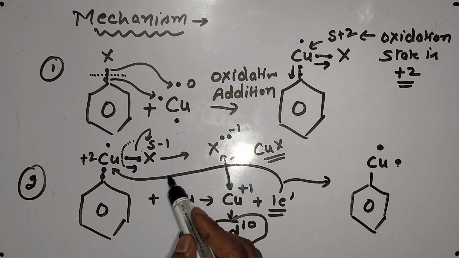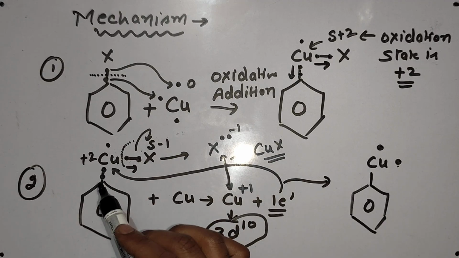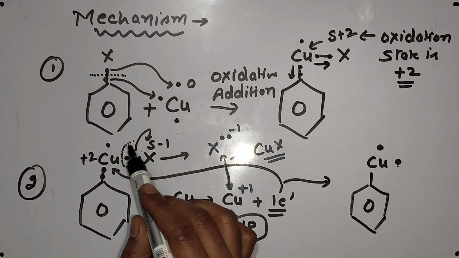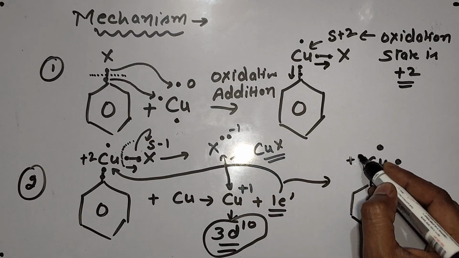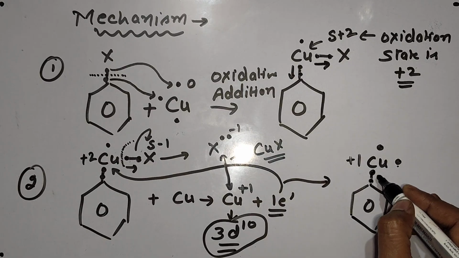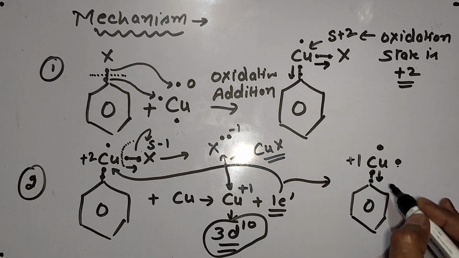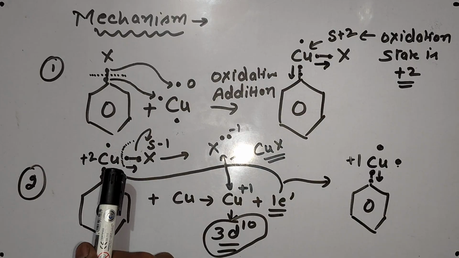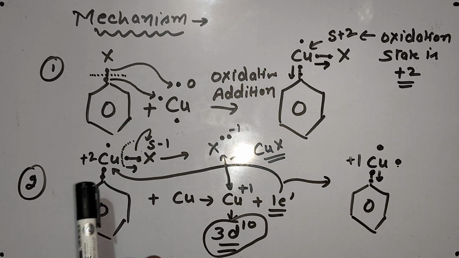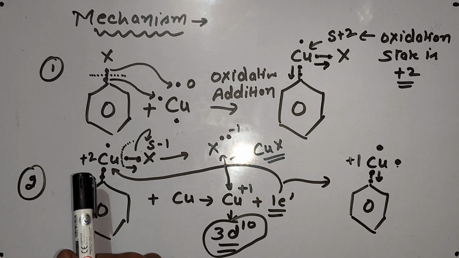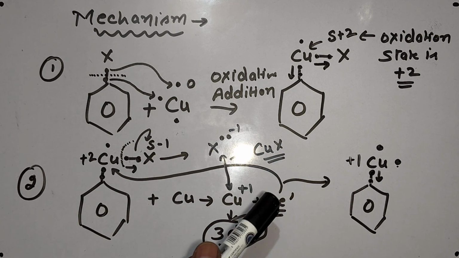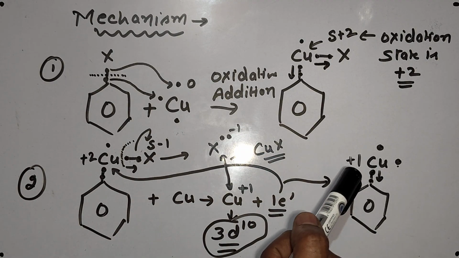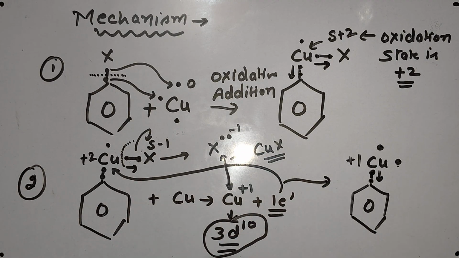This electron will come here as an unpaired electron, and this electron will go with X. So now the copper oxidation state will be +1 because now only 1 electron is going toward carbon. Earlier, one was going toward X and one toward carbon, so it was +2. Now X is eliminated and at the place of X, it got 1 electron. So its oxidation state changes from +2 to +1 and the side product CuX is generated.